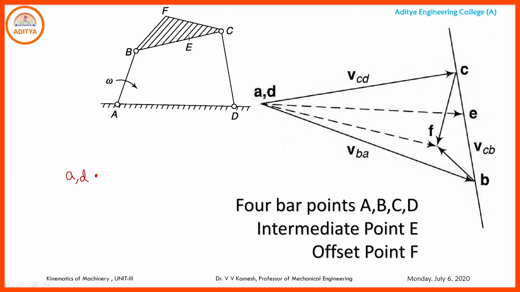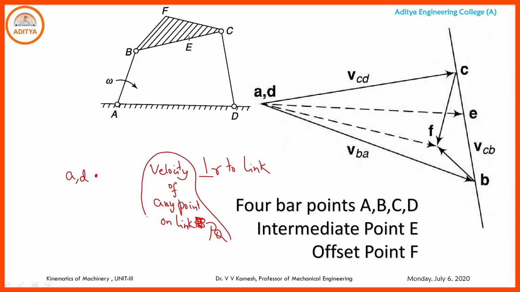Now, in the 4-bar mechanism or any mechanism, always remember a fundamental point: velocity is always perpendicular to the link. The velocity of any point on link AB, or in a generalized case link PQ, will be perpendicular to the link PQ.